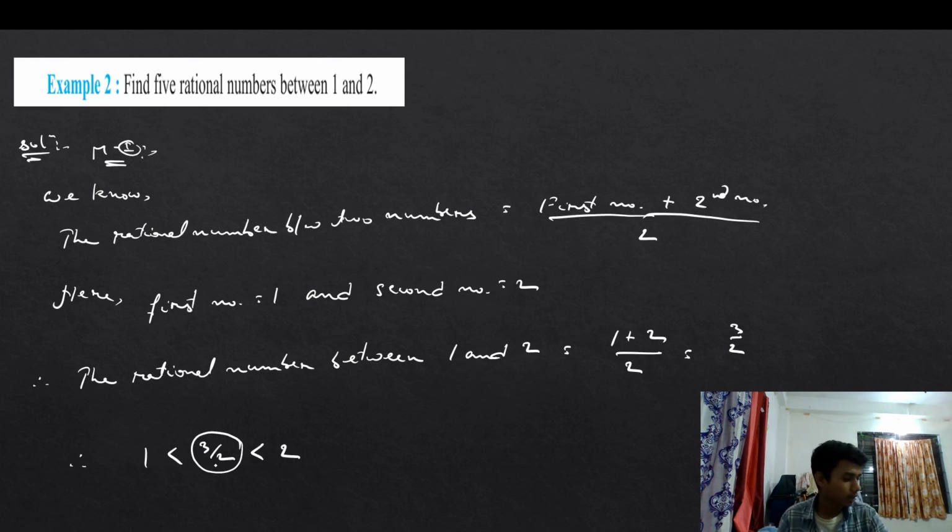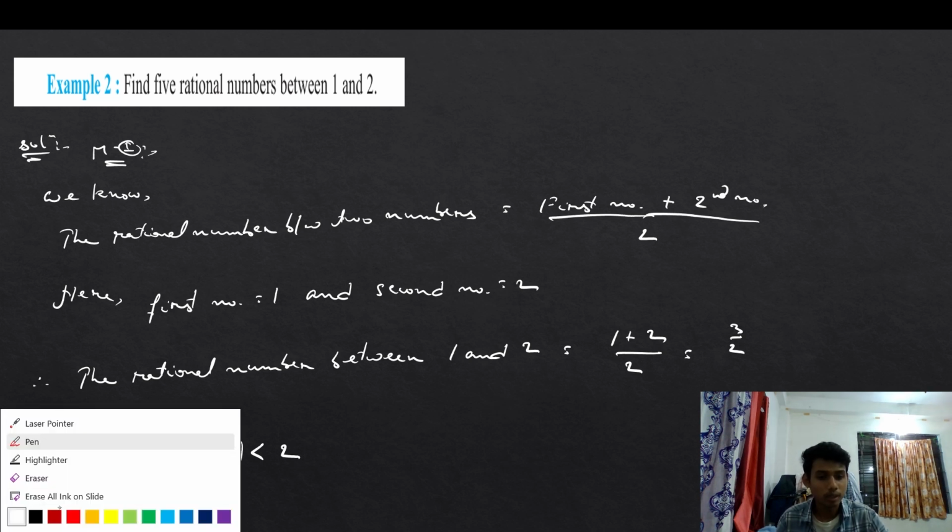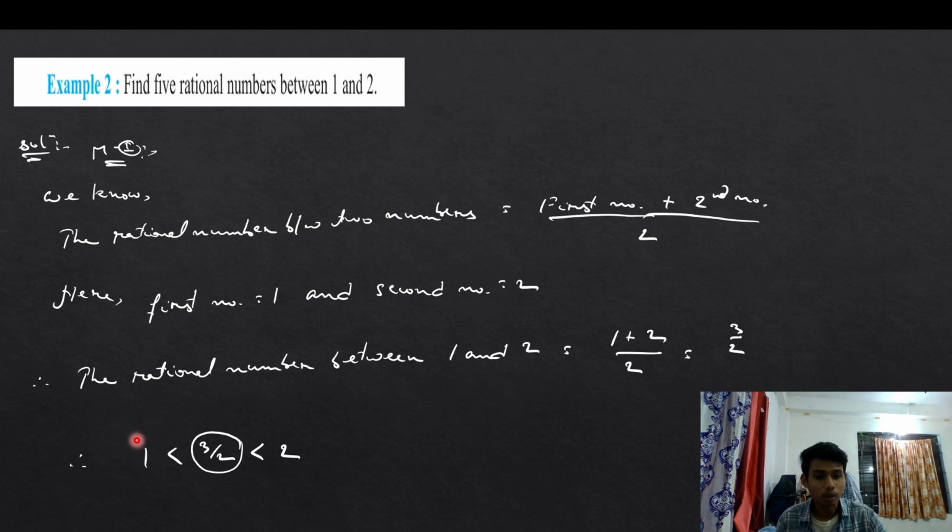Now we will find the rational numbers between 1 and 3 by 2. That means 1 will be our first number and 3 by 2 will be the second number.